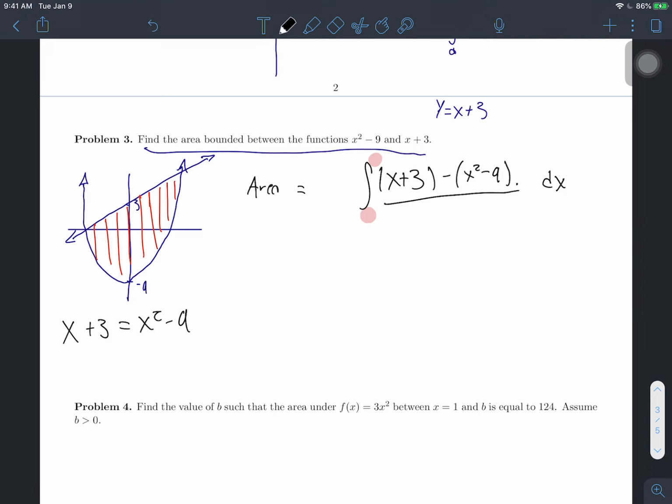Let's combine everything onto one side. We'll get x squared minus x minus 9 minus 3, that's minus 12. And that factors as x minus 4 and x plus 3. So this is going to be true at 2 points. It's going to be true when x is equal to negative 3, and it's going to be true when x is equal to positive 4.